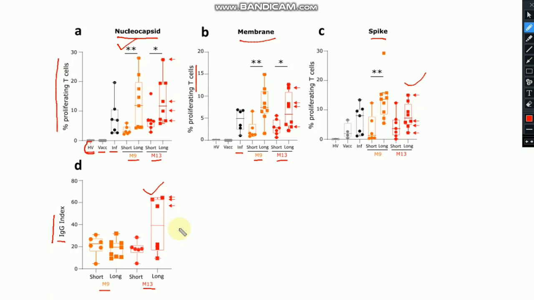So it means that the plasma cells, memory T cells or memory B cells are higher in these 13-month samples. All right, this is very surprising.